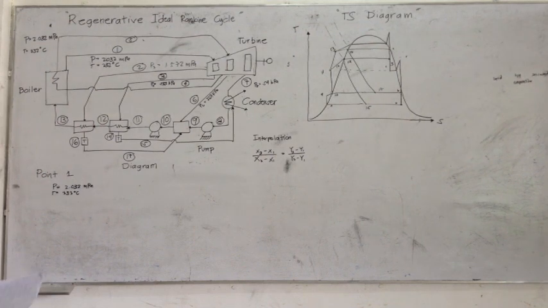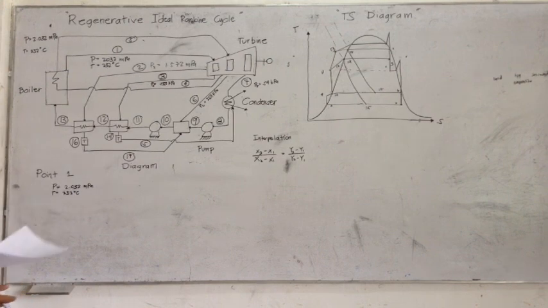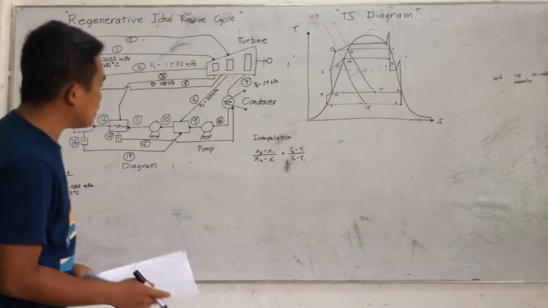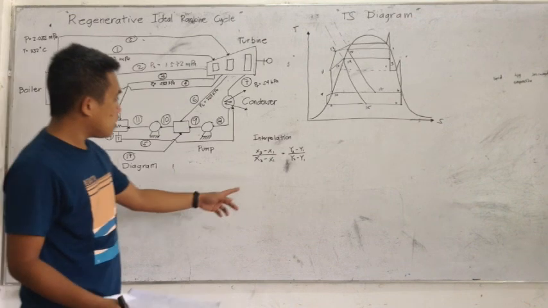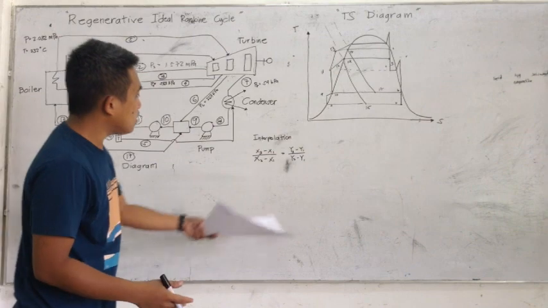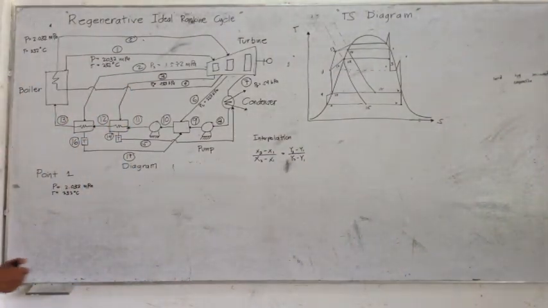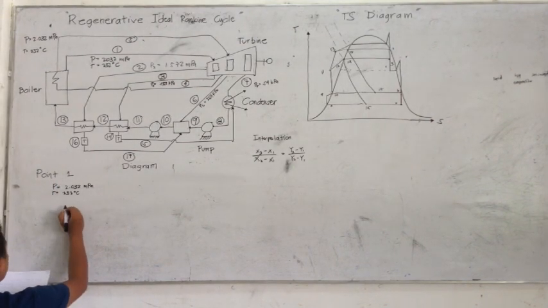If we scan our steam table, a pressure of 2.032 is not in there, so in this process we use interpolation. The interpolation formula is (x3 minus x1) over (x2 minus x1), which is equivalent to (y3 minus y1) over (y2 minus y1).